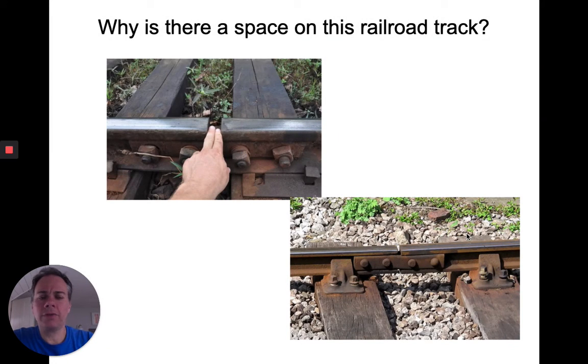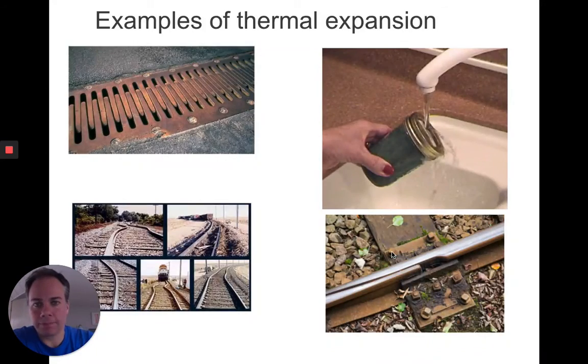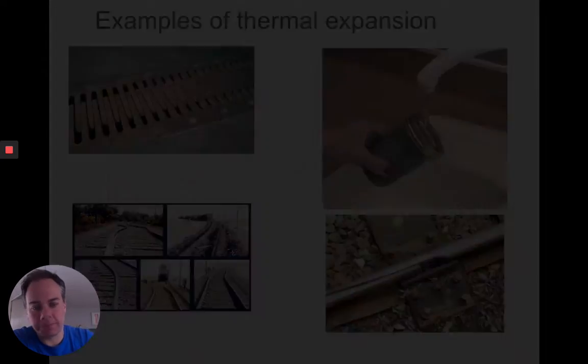If you've ever walked along a railroad or seen a railroad track, you may notice that often between the rails at various intervals, there's a gap, a space between the rails. And there's a reason for that related to what we've been talking about. It's due to thermal expansion.